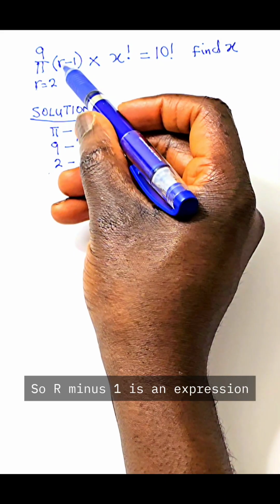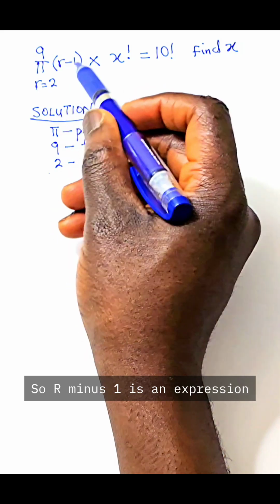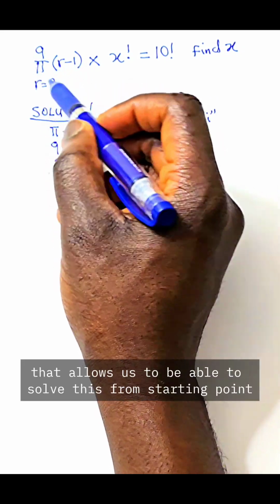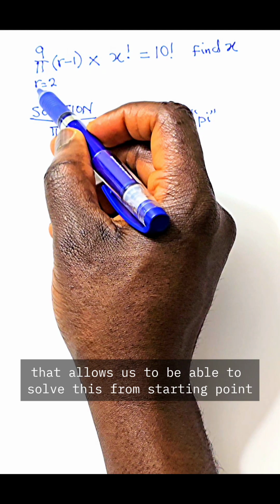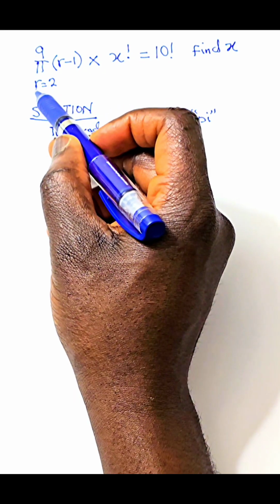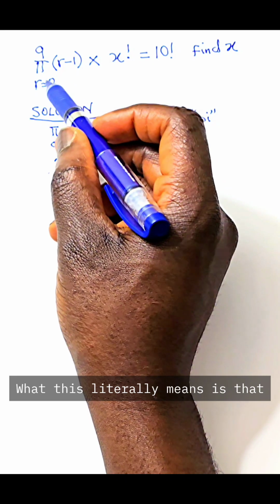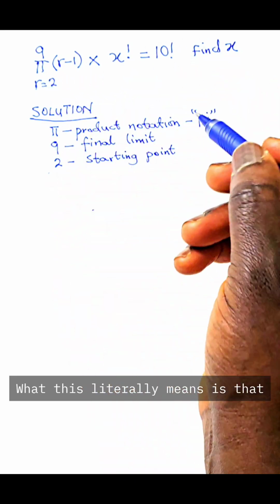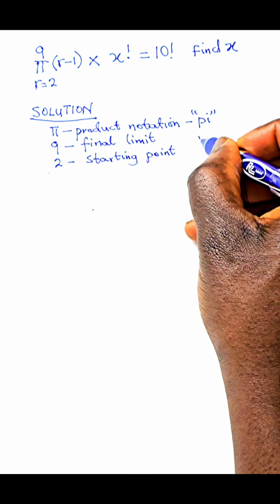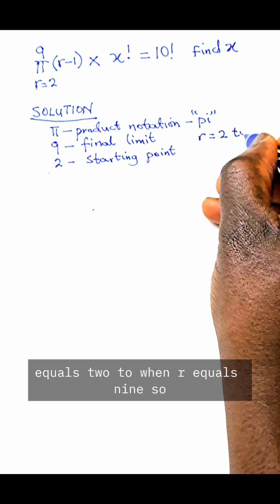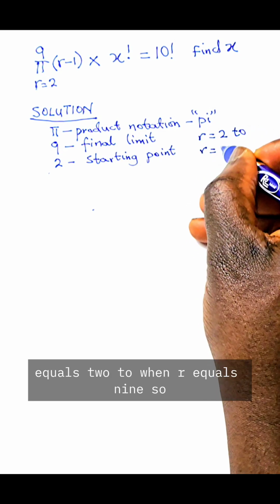So r minus 1 is an expression that allows us to solve this from the starting point, when r equals 2. What this literally means is from when r equals 2 to when r equals 9.